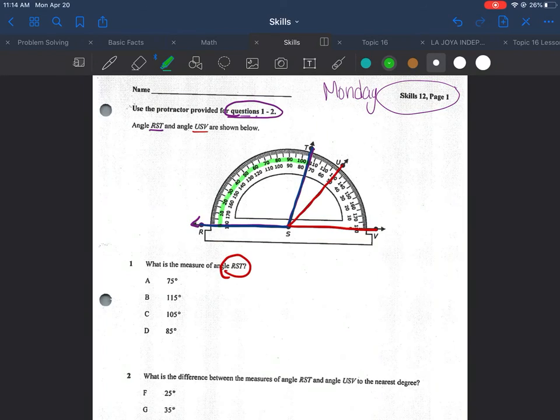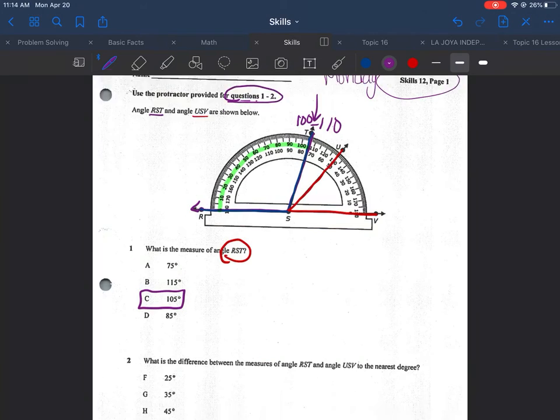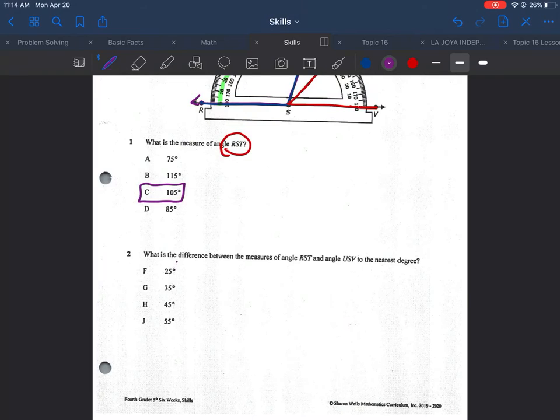I'm going to be using the outer scale, because it's pointing to the left. So where is it ending? It ends between 100 and 110. So what's in the middle? Between 100 and 110, we have 105. So my answer will be C.